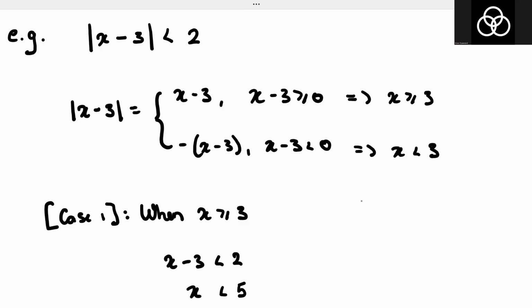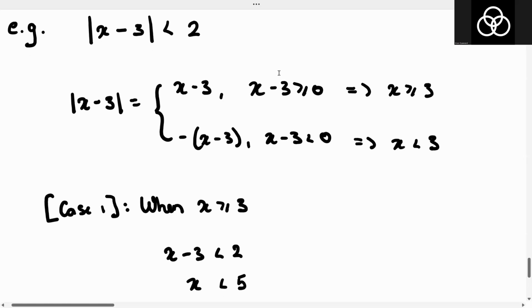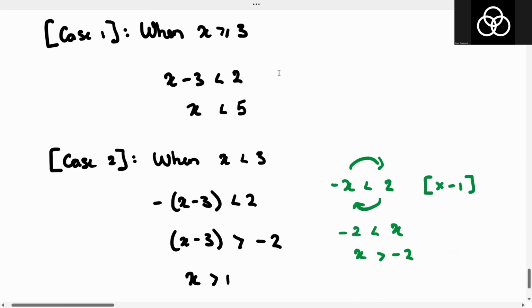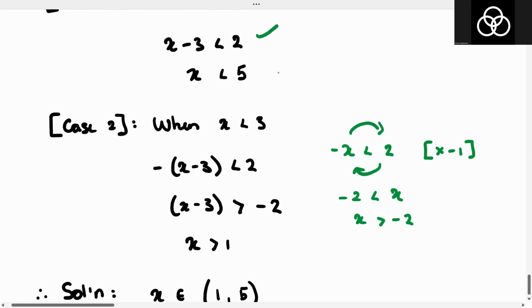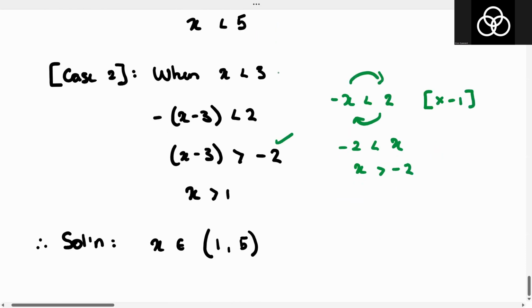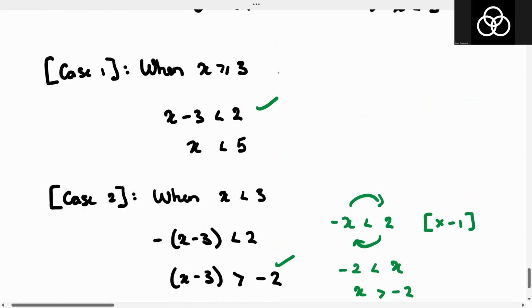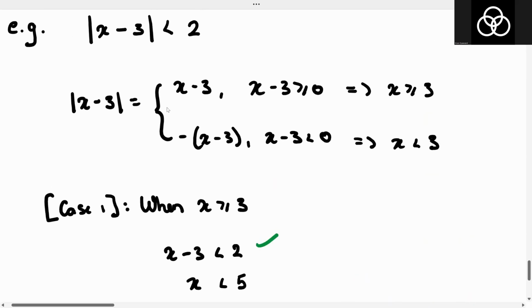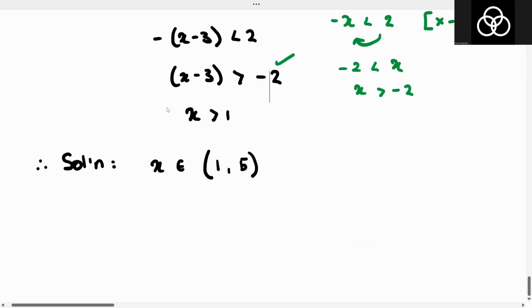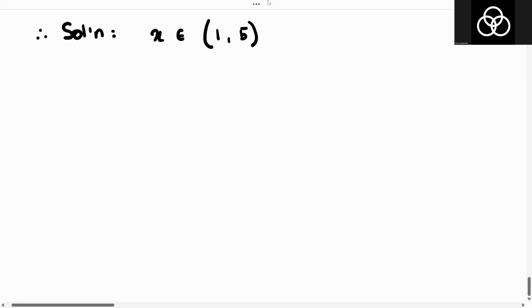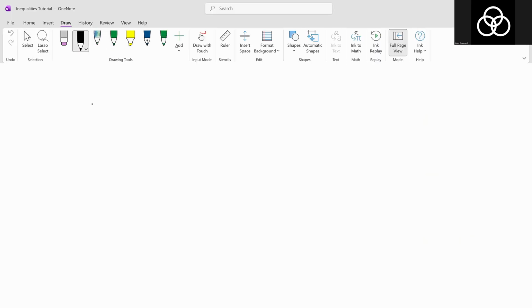So what I want to show you all now is sort of a shortcut to do this type of inequality, right? Basically, we have two cases. We have x minus 3 is less than 2, and we have x minus 3 is greater than minus 2. So if we wanted to remove the absolute value sign, or the modulus sign, we could think about it like this.